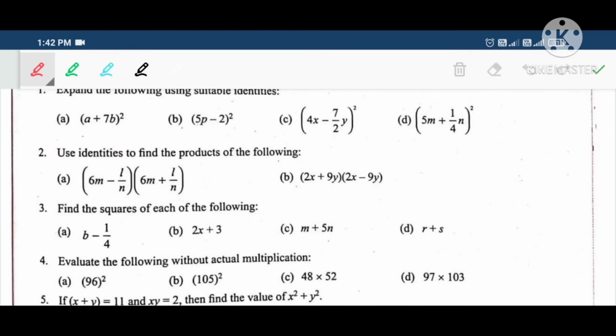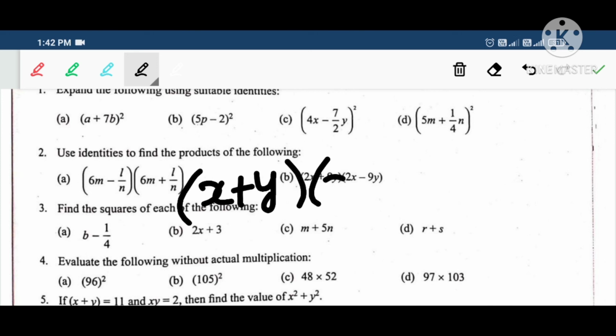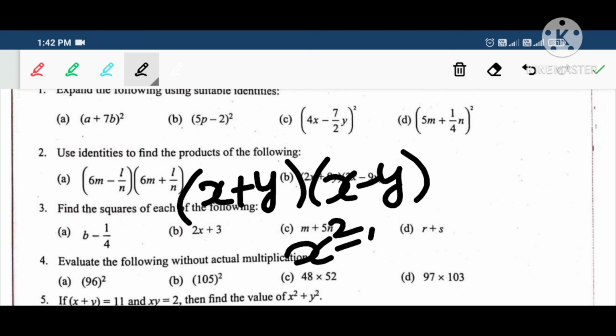By using this, x square minus y square, this is the format. So here by using these identities we need to find the product.